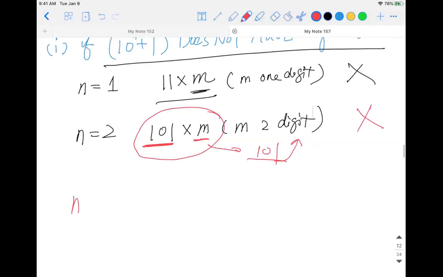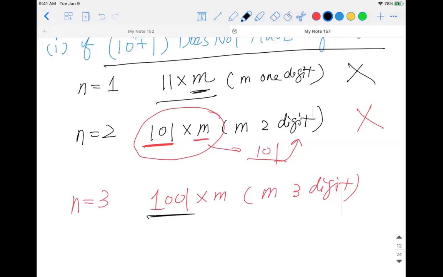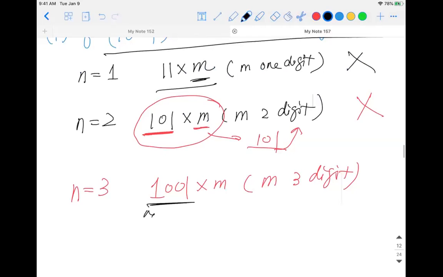n equals 3 is 1001 times m. M must be a three-digit number, right? 1001, this is not a prime number. You do a factorization, 7 times 11 times 13. So that being said means what? 7, 11, 13, unfortunately, none of them are composite. They're all prime numbers.